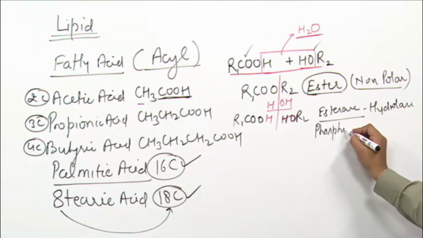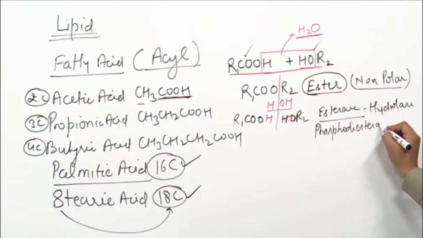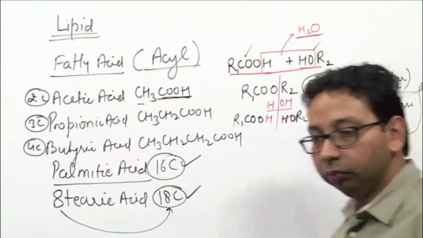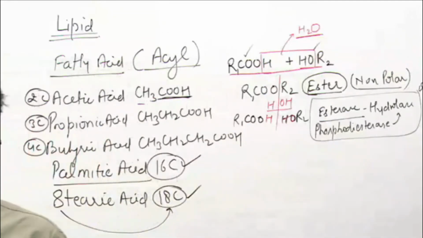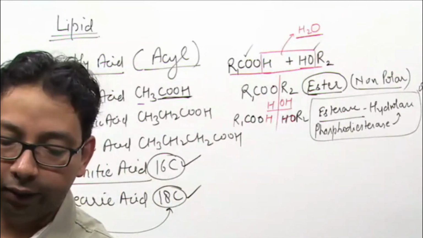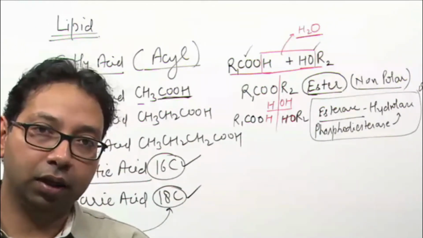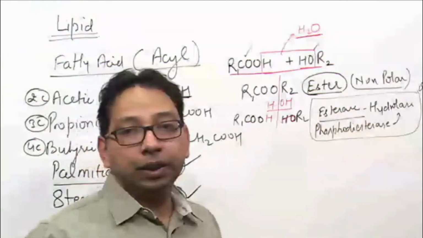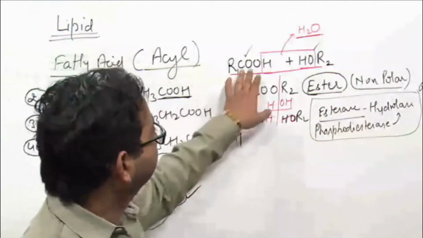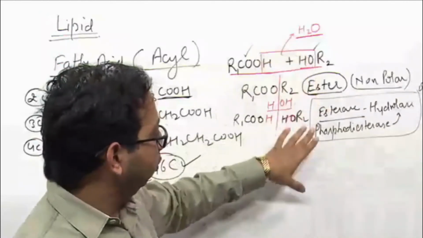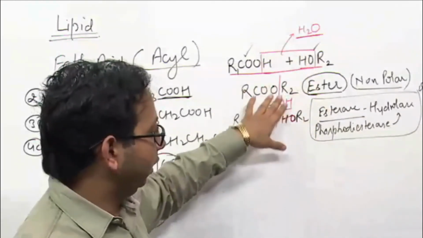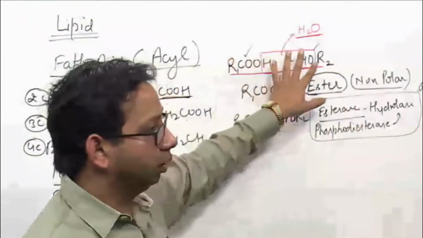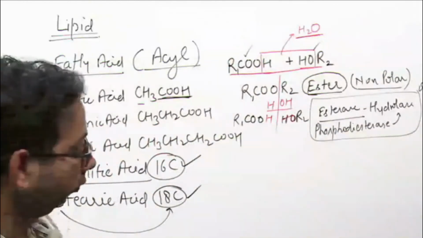Phosphodiesterase is also hydrolase. So all proteolytic enzymes are hydrolase, all digestive enzymes are hydrolase, esterase and phosphodiesterase are hydrolase. When acid and alcohol join, they form an ester bond. If you want to cut the ester bond, you must add water. Ester bond is non-polar. These compounds are polar. Clear?